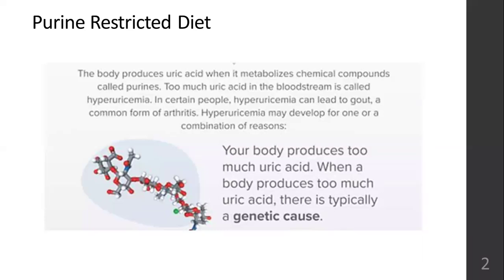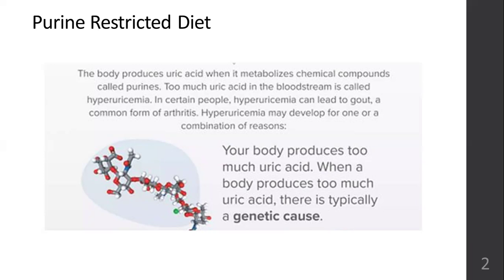So the first special diet is the purine restricted diet. The body usually produces uric acid. Everyone's body will produce uric acid as a byproduct of a lot of chemical compounds. And when the uric acid metabolizes, it becomes this compound called purine.